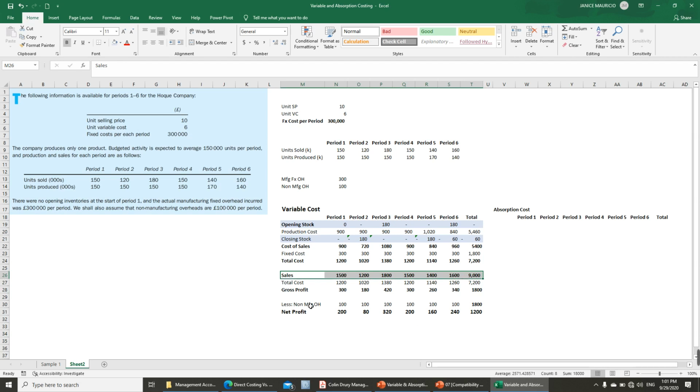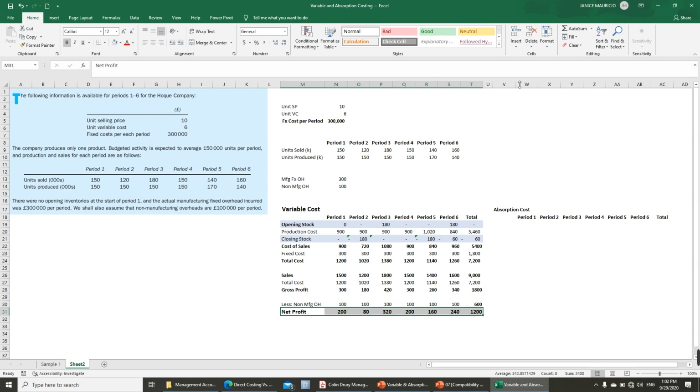Now, the non-manufacturing overhead is fixed at 100 per month, so that's 600,000 for the 6 periods. So gross profit of 1.8 million minus 600,000 will give you a net profit of 1.2 million.